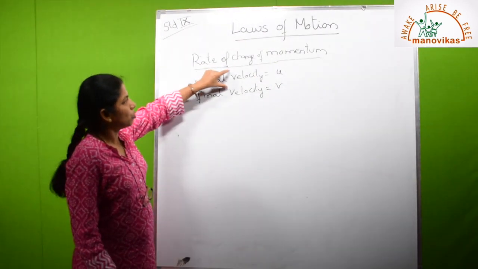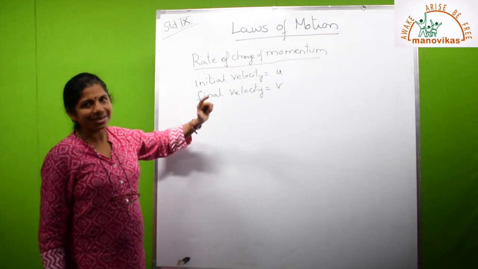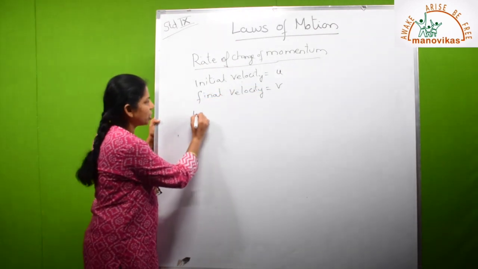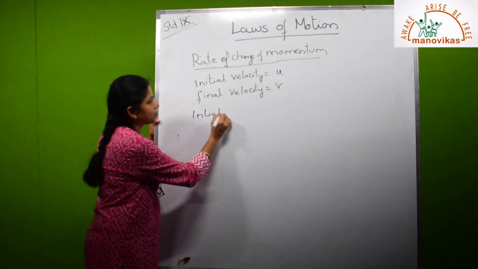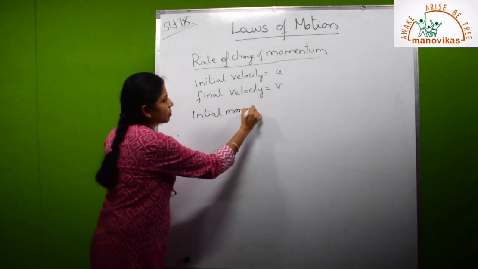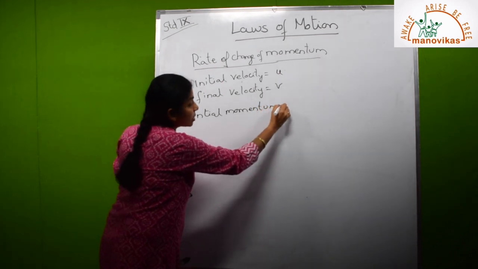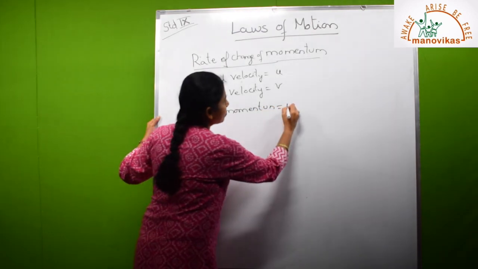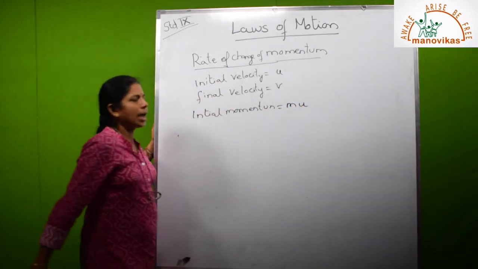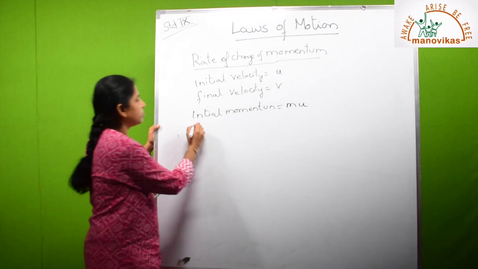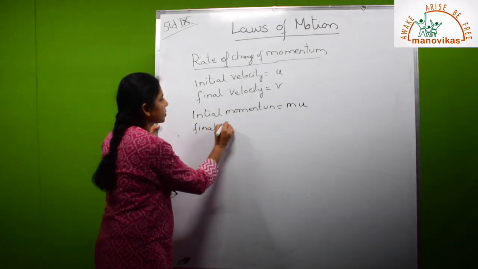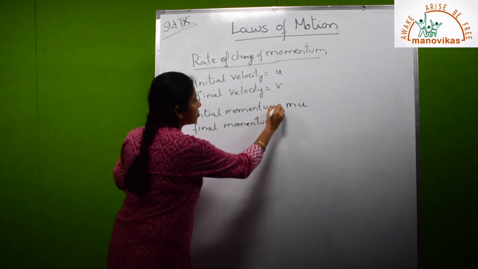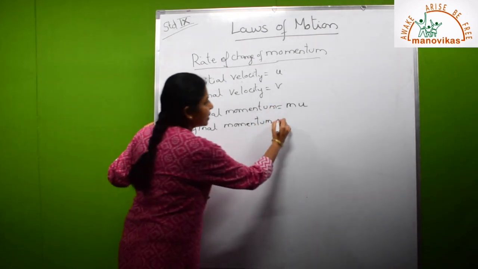So if the mass is m and the initial velocity is u, you are going to get the initial momentum. You know that momentum is the product of mass and velocity. So initial momentum will be m times u and final momentum will be m times v.